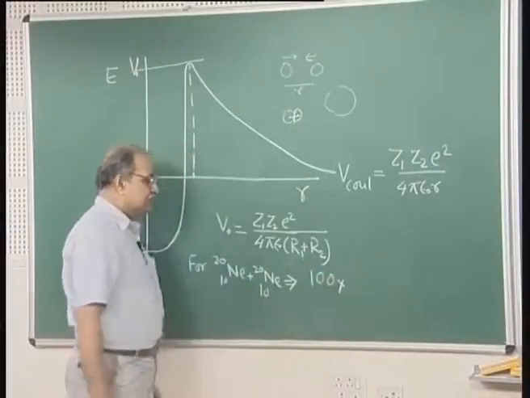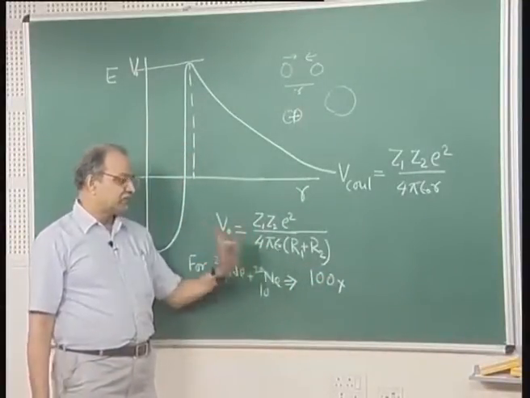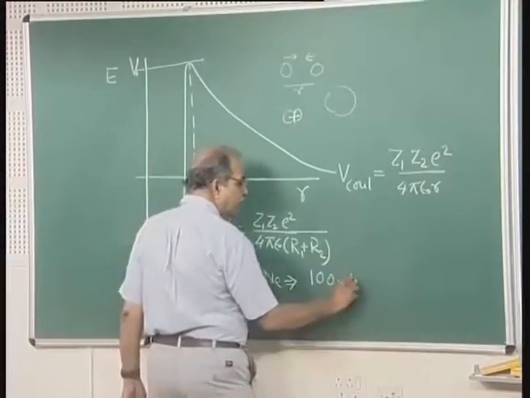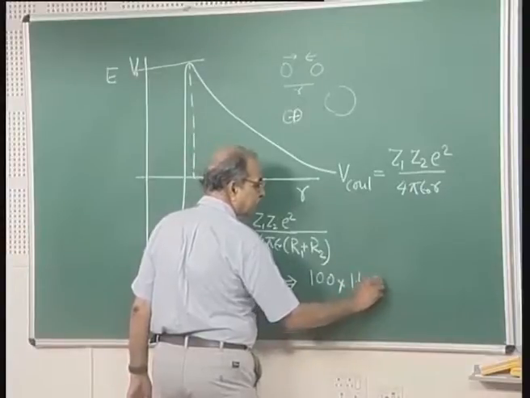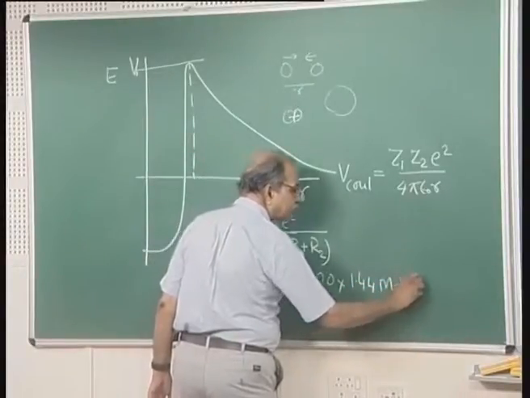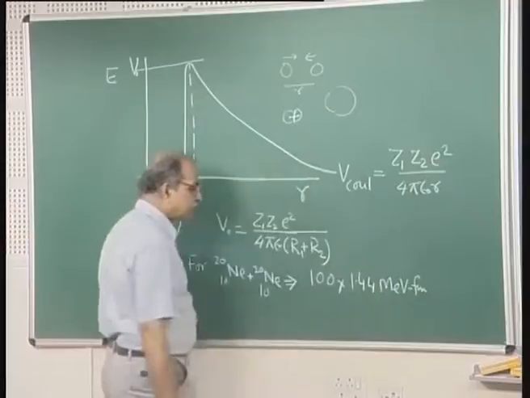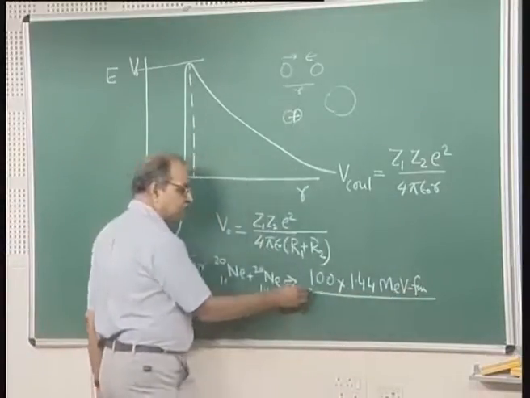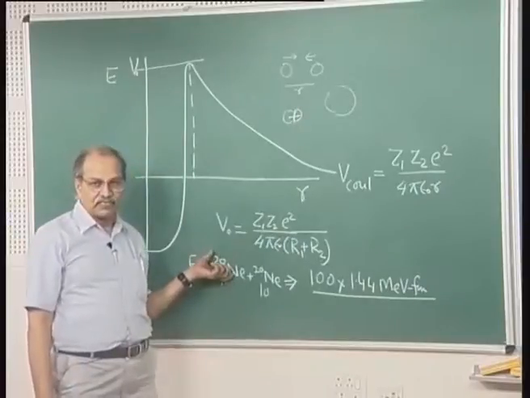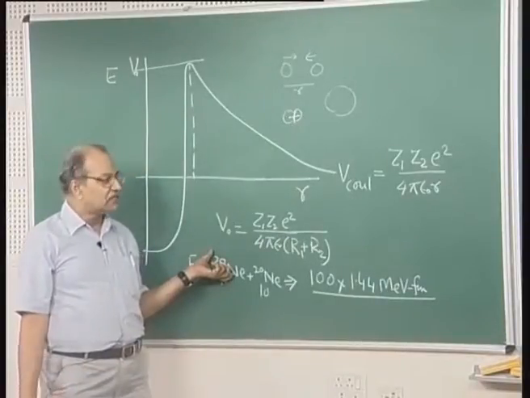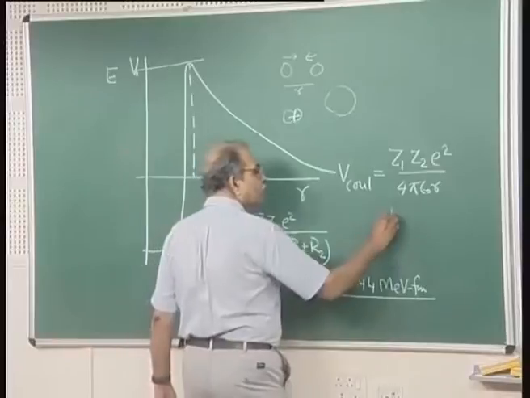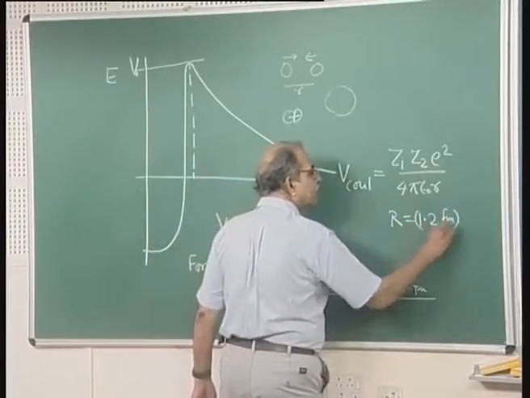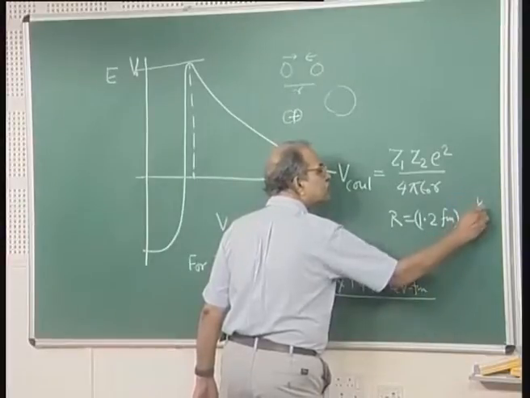Then we have e square over 4 pi epsilon naught, which we have used several times, it is 1.44 MeV femtometer, divided by 2 times R, that is R1 plus R2. Now, the radius you can estimate: R is equal to 1.2 femtometer times A to the power 1 by 3.